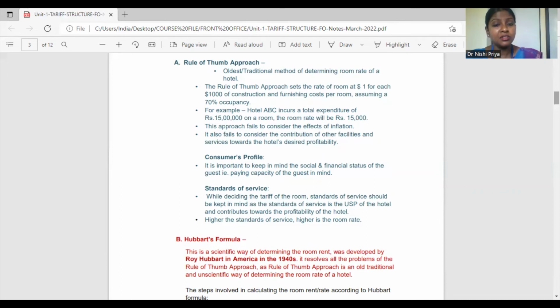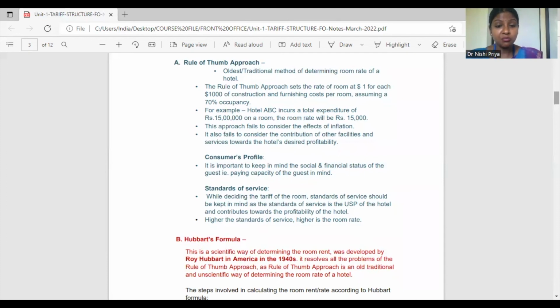So we need to fix the room rate not by a straight formula; we also need to see what the market condition is, and fix the room rate accordingly. So this approach fails after some time. It also fails to consider the contribution of other facilities and services towards the hotel's desired profitability.